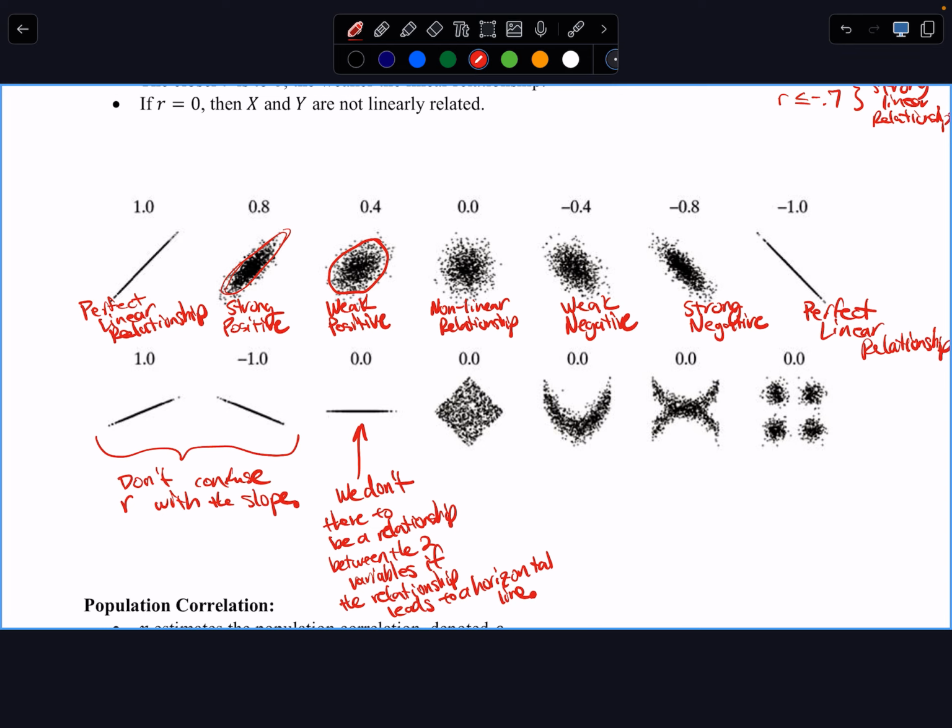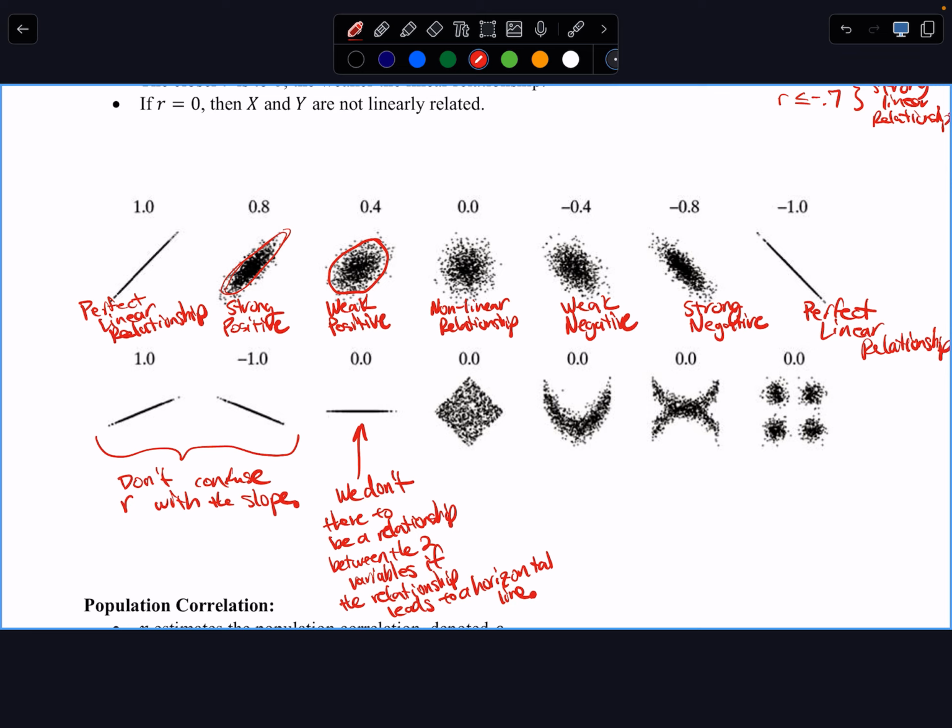All right. Because as one of the variables increases, the other variable is not doing anything. It's staying constant. So that other variable is not changing at all, right? So we don't consider there to be a relationship if the relationship leads to a horizontal line, or can be described by a horizontal line. All right? So we need a slanted relationship.